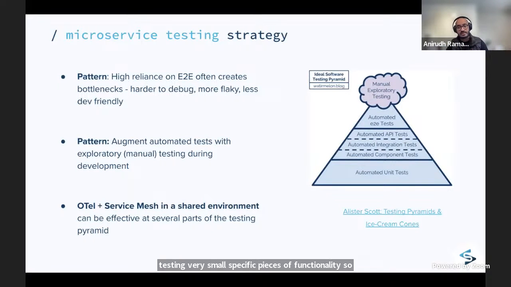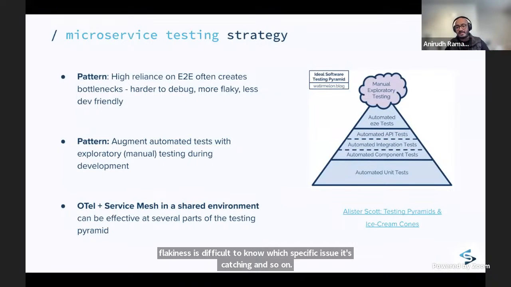So it's easier to debug a unit test than an automated E2E test, obviously, which is also why you have way more unit tests, which cover things comprehensively. But E2E, you might not want as many because, again, flakiness, it's difficult to know which specific issue it's catching and so on. So this is sort of the idealized picture.